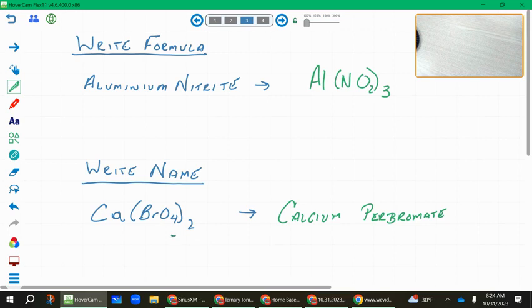So because we have gained one oxygen, we put a per in front of the polyatomic. We lose an oxygen, it becomes an ITE ending. We gain an oxygen, we put a per in front of it. Questions?